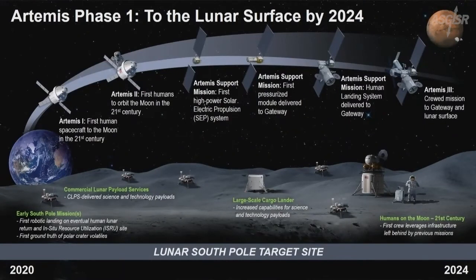What we'll see then is the end of phase 1, once the gateway has come together. The Artemis 3 mission will then dock. 2 astronauts then will egress into the ascent and descent stage, go down to the moon, perform a variety of experiments, pick up some samples.